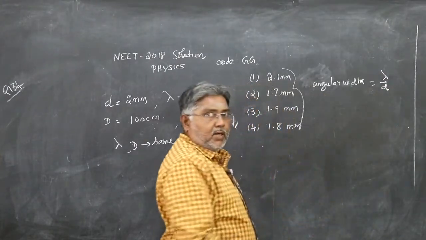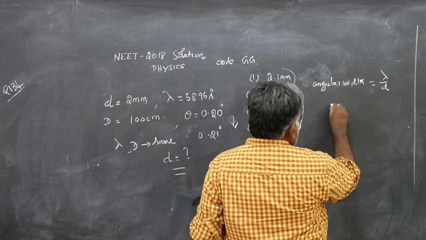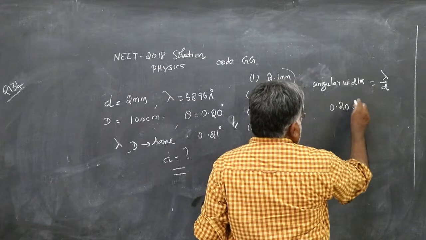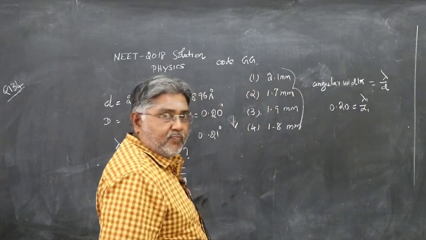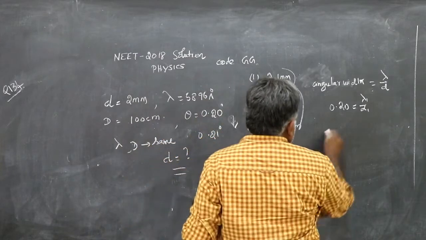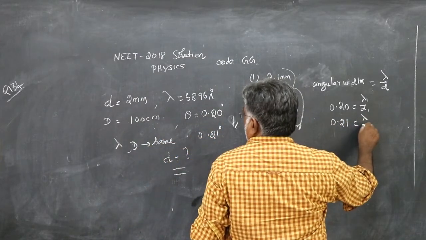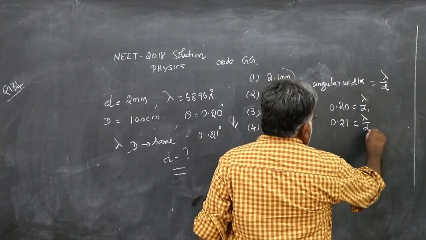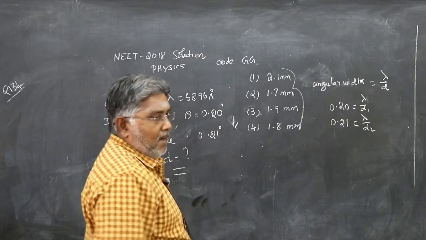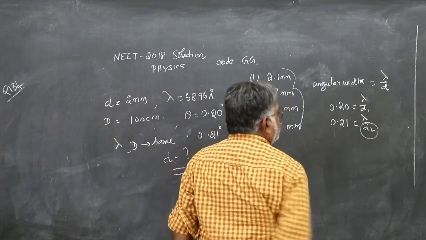So angular width is lambda by d. First angular width 0.20 is lambda by d1. Second angular width 0.21 is lambda by d2. Lambda is the same, and you are supposed to find d2.